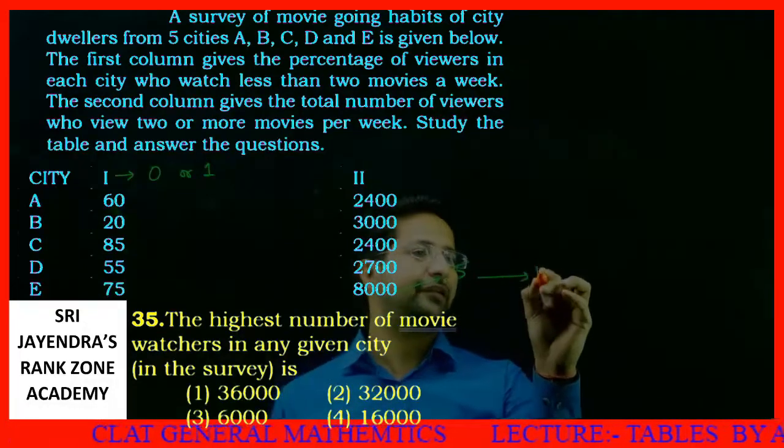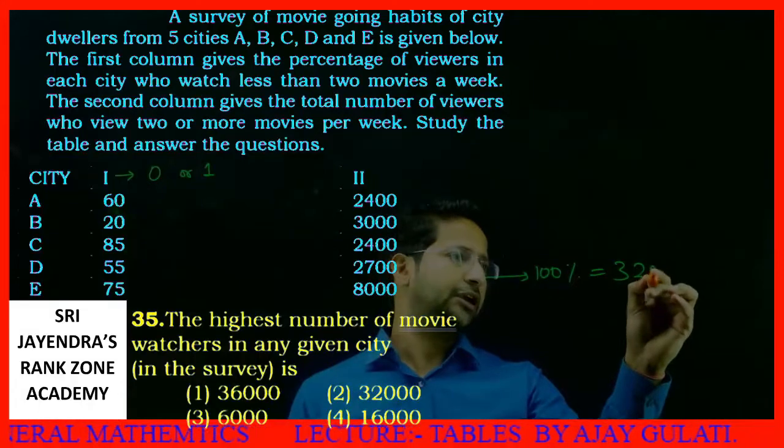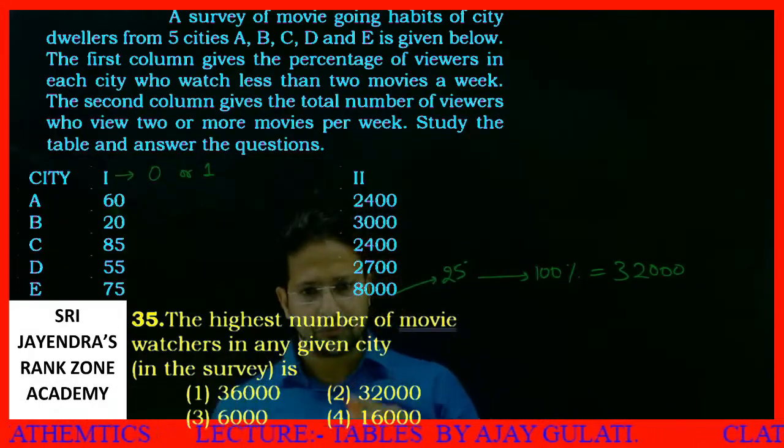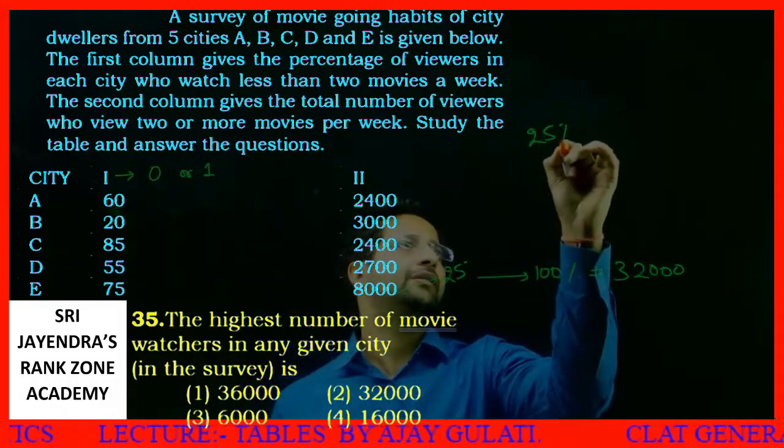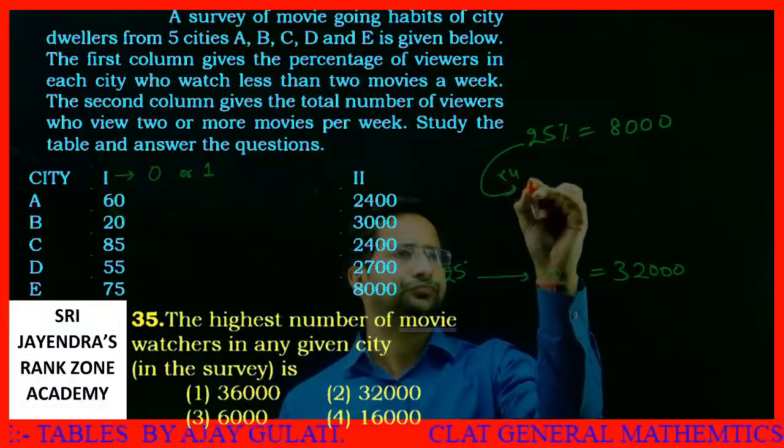Then 100% will be what? Will be 32,000. See, 25% is equal to 8000. Multiply this by 4.